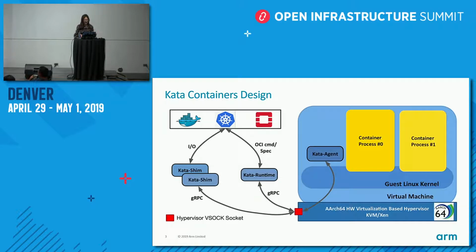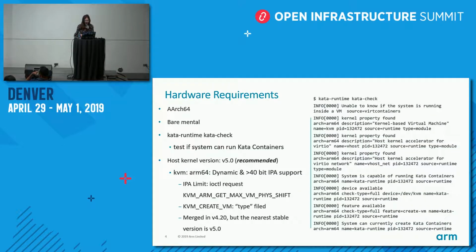So enough talk about Kata Containers design. Hardware requirements on ARM64. The first point is that you can only run Kata Containers on ARM64. Any 32-bit ARM version isn't under consideration. And you can use this simple command, kata-check, to test if the system can run Kata Containers. The right side of my slide is the output of our partner machine.